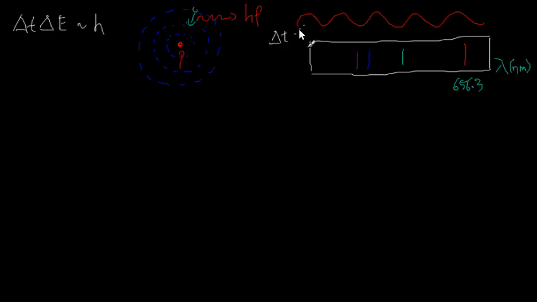So what it means is that this finite duration of the red color light wave must correspond to a certain range delta E of photon energy or frequency, right? hf is the energy. So if there's a certain range of energy, it means that there's a certain range of frequency.